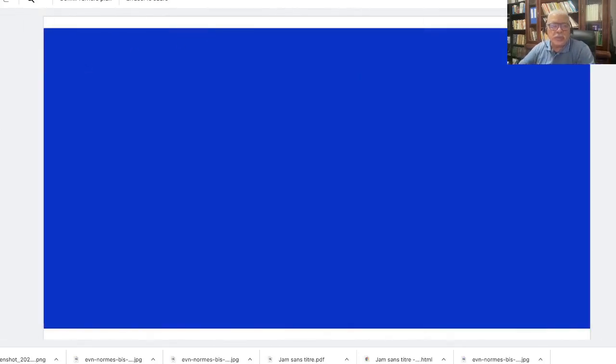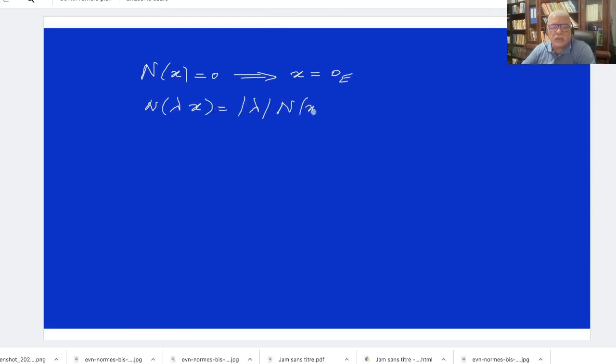Let's start with the first point. We have that n satisfies: n of x not equal to 0 implies x equals 0. We also have n of lambda x equals the absolute value of lambda times n of x.